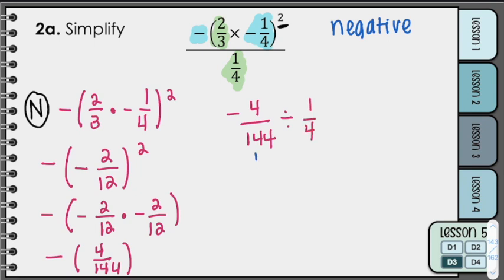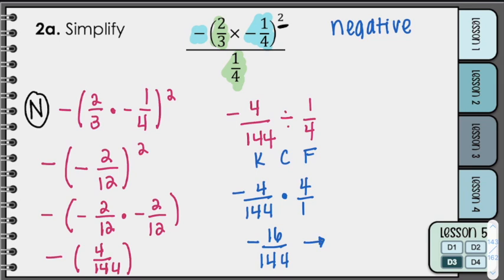Here we want to make sure we KCF. We keep, change, flip, which means we have negative 4 over 144 times 4 over 1. And that's going to give us negative 16 over 144. If you simplify that, you can divide by 16. You're going to get negative 1/9 as your answer.